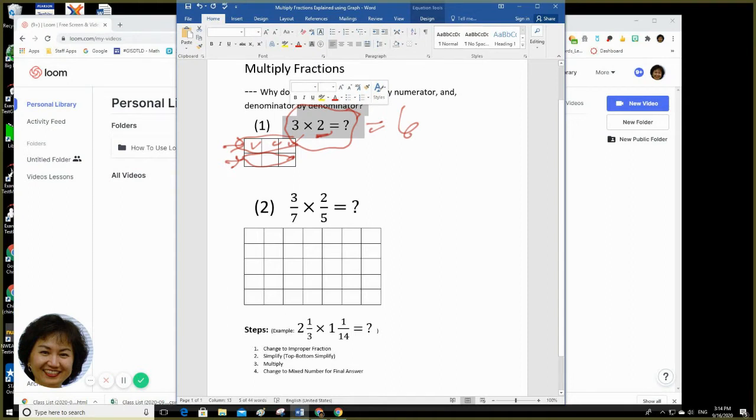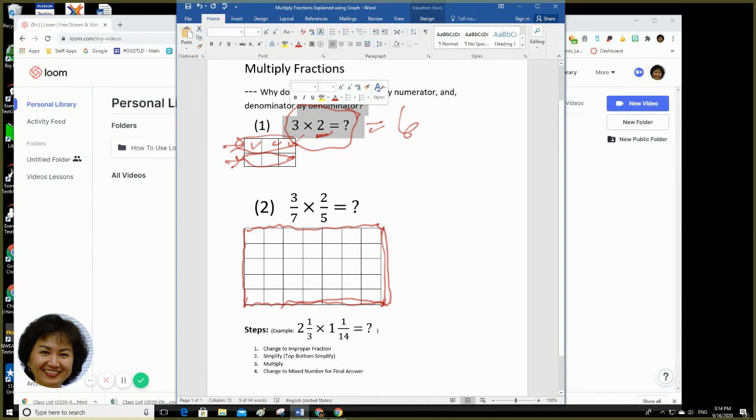But how do we do fractions? How do we do 3/7 times 2/5? Look at this picture. This whole box represents 1. What do we mean by 3/7?